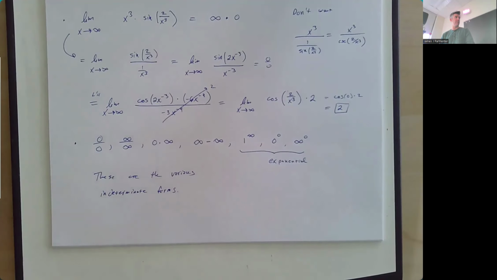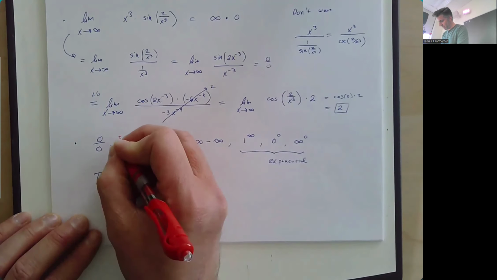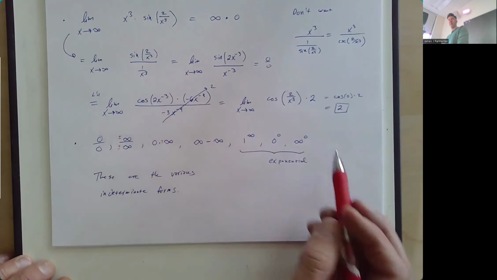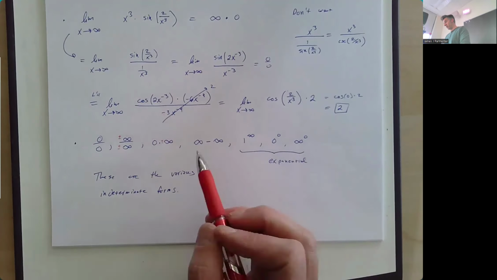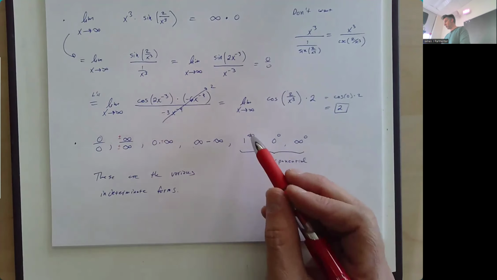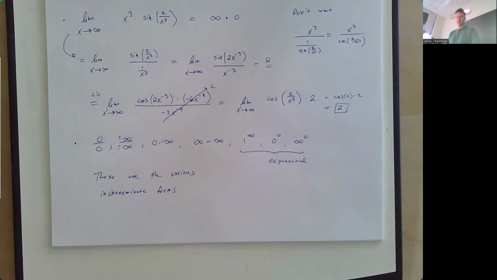I don't think there's anything that's missing here. I guess it should be more inclusive here. This should be a plus or minus infinity over a plus or minus infinity. This should be a 0 times a plus or minus infinity. These other ones should not be plus or minus. These other ones are specifically positive infinity minus positive infinity, 1 to the positive infinity, 0 to the 0, positive infinity to the 0. Although you can probably get a negative in some of those.